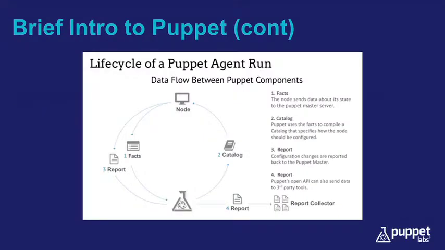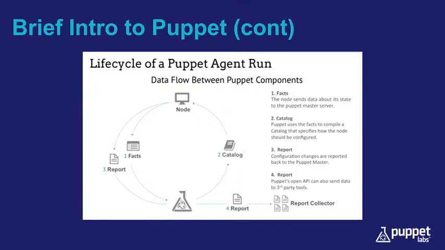This is just a diagram of the workflow that occurs with Puppet. So you have a Puppet server and then one or more nodes that you're managing. And on the server is where you're maintaining your Puppet manifests. And the nodes check in to the server on a regular basis. By default, this is every 30 minutes. They send over facts, which are platform identification facts about the device.